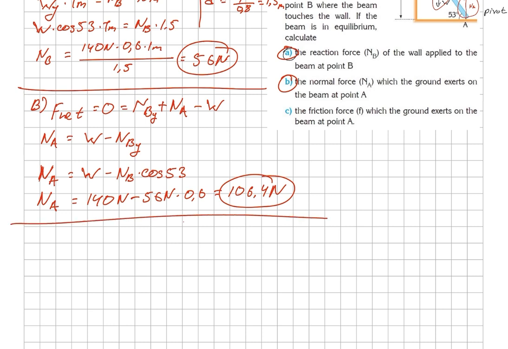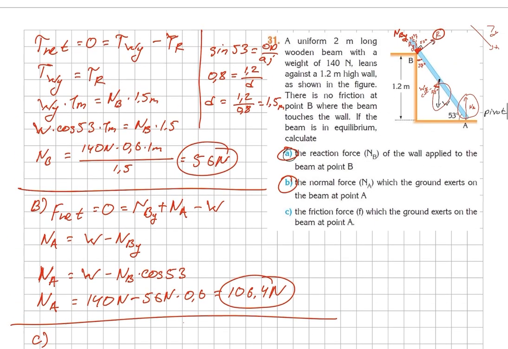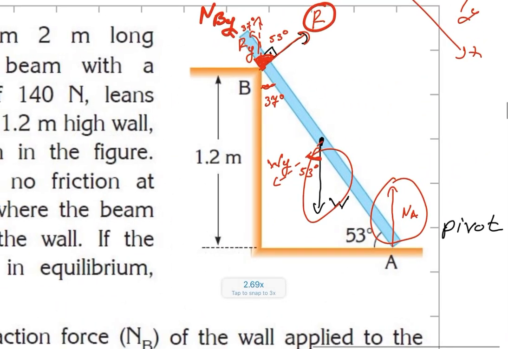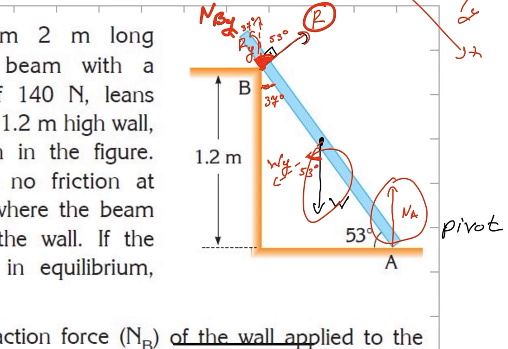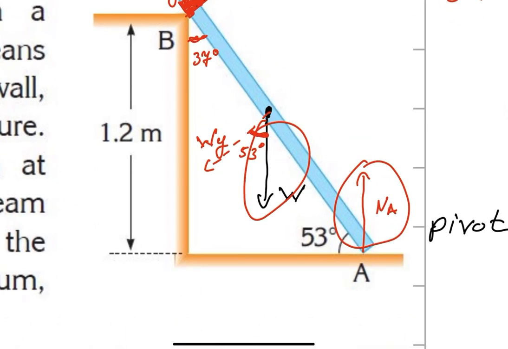Let's solve C. The friction force F, which the ground exerts on the beam at point A. I will draw the friction force in blue color. It's here.